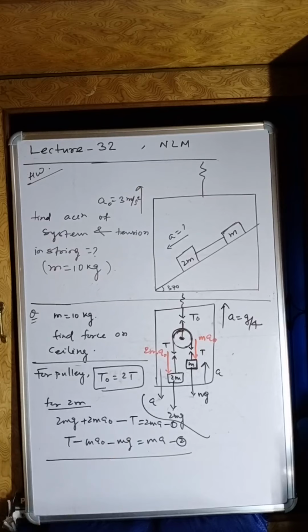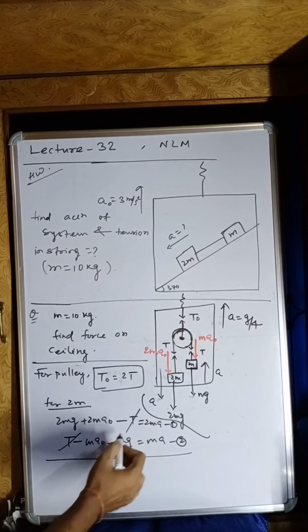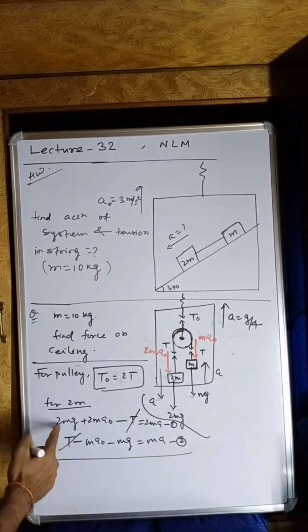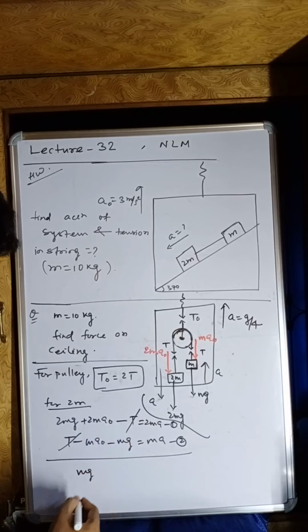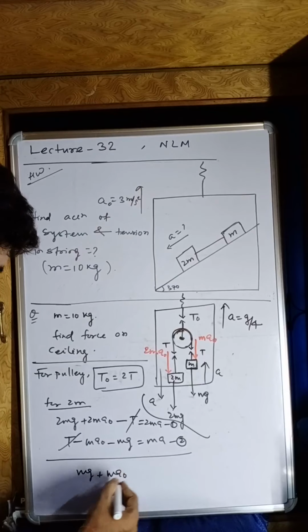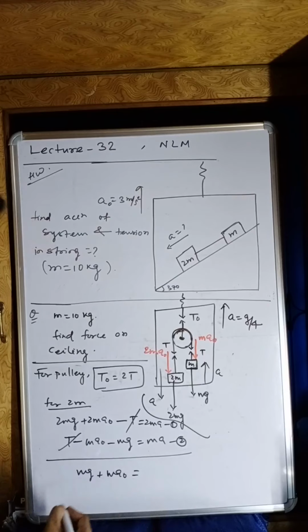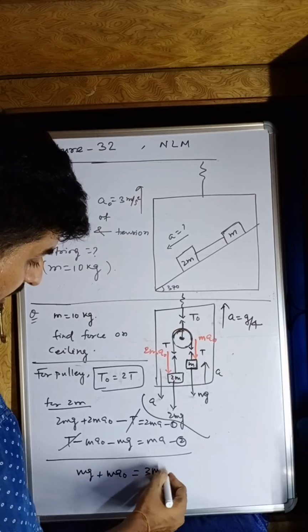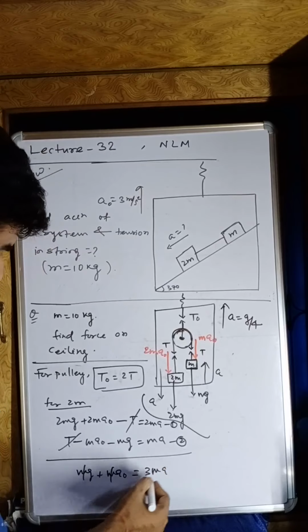From this addition you will get the acceleration. This cancels out. Here mg plus m a naught is equal to 3ma. m will cancel out.